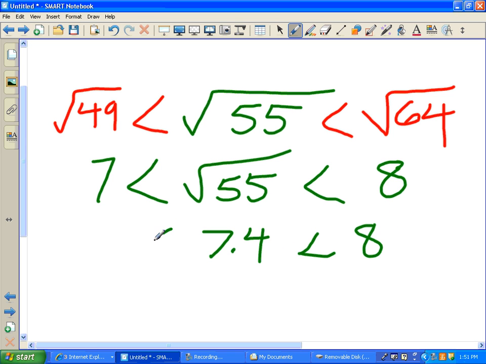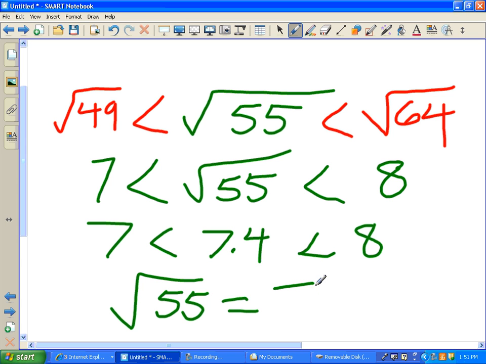And is it greater than 7? Yes. So our answer of root 55 is about 7.4. So that's how you find the square root of any number, first by estimating it, by figuring out which perfect square would go before and which one would come after.